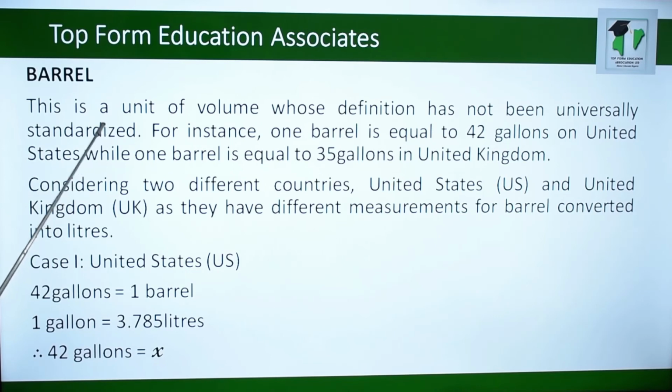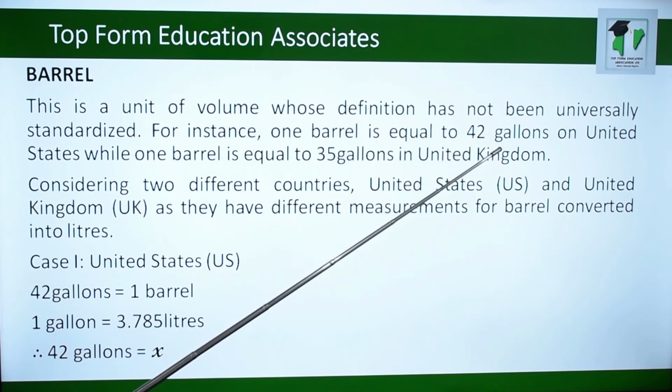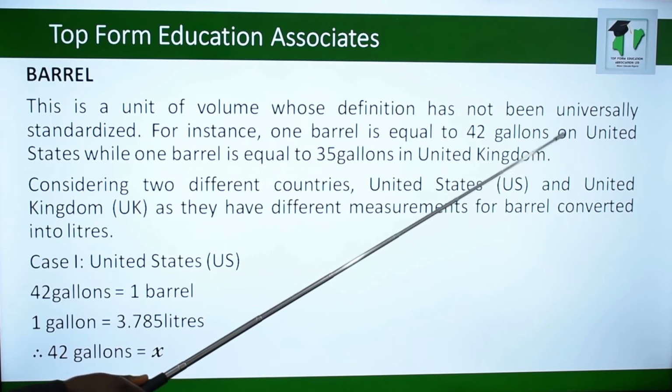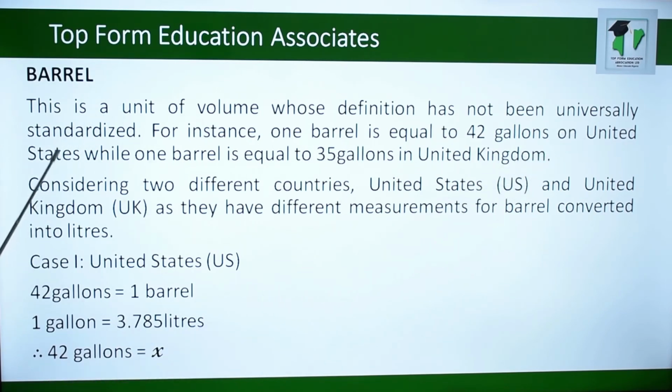The next unit of measurement in industries is barrel. This is a unit of volume whose definition has not been universally standardized. For instance, 1 barrel is equal to 42 gallons in the United States, while 1 barrel is equal to 35 gallons in the United Kingdom.